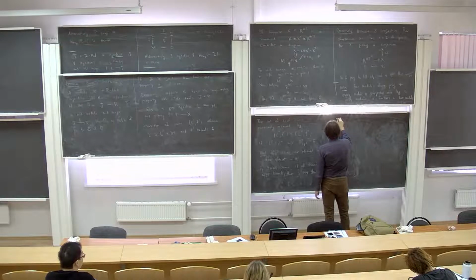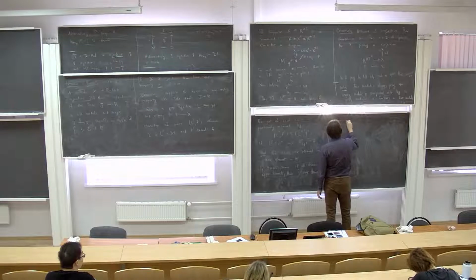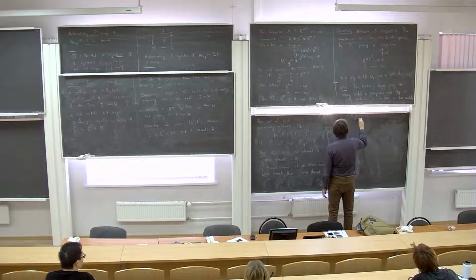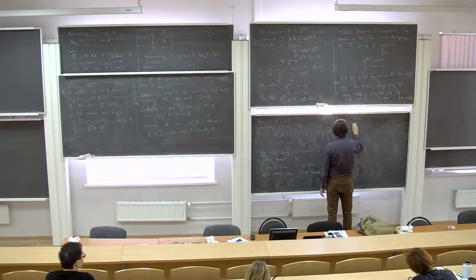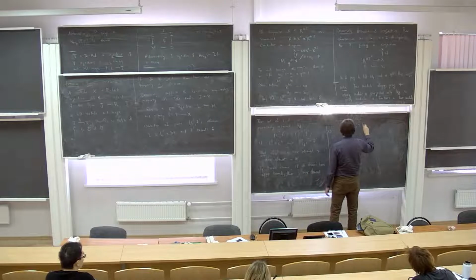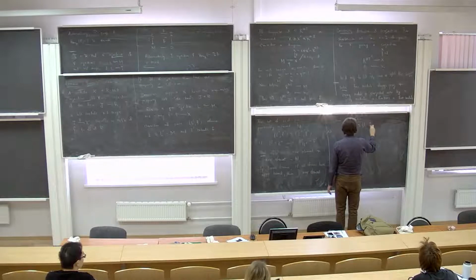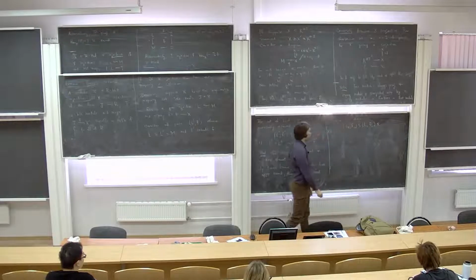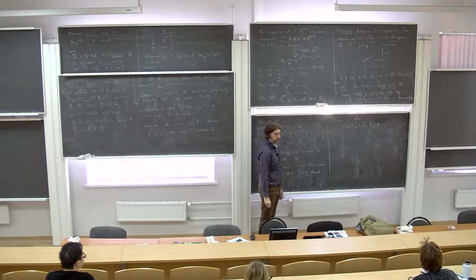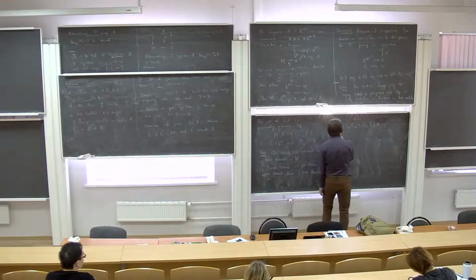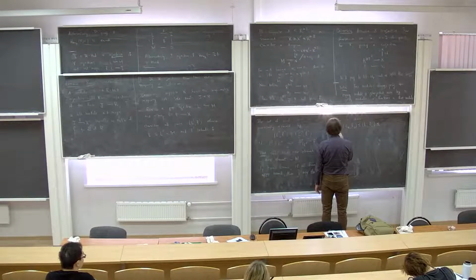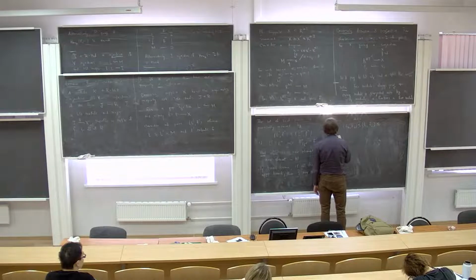So given a chain, it's going to be L1, F1, L2, F2, and so on. So L1 is contained in L2, F2 extends F1, and so on.